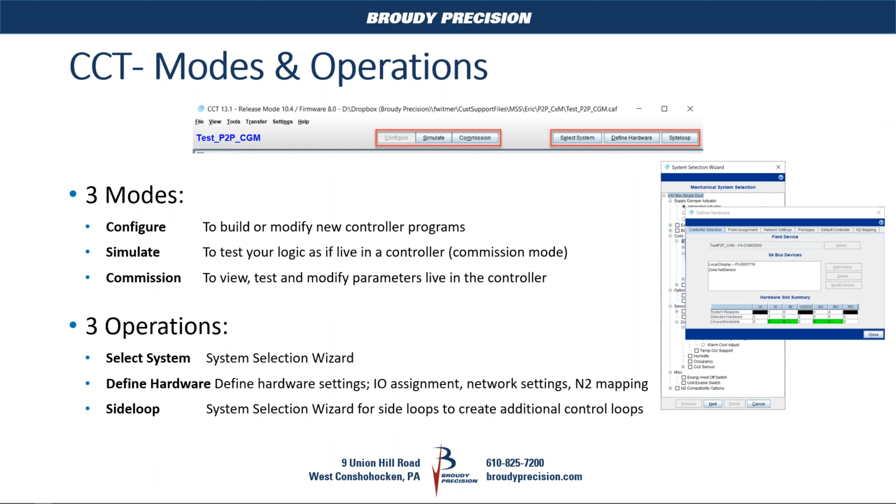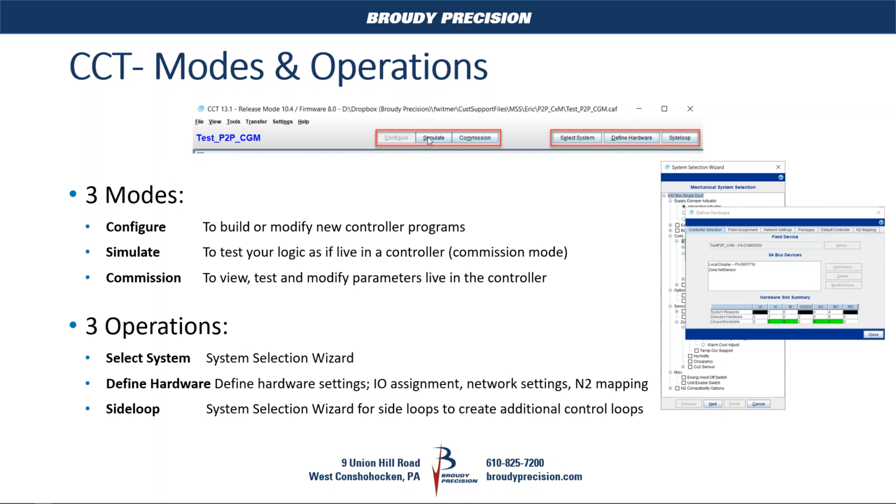In the tool, and we'll get into the different parts of the screen and the parts of the tool, there are three modes of operation for your application: configure, simulate, and commission. The configure mode is what you're going to use to create your application or modify your application.